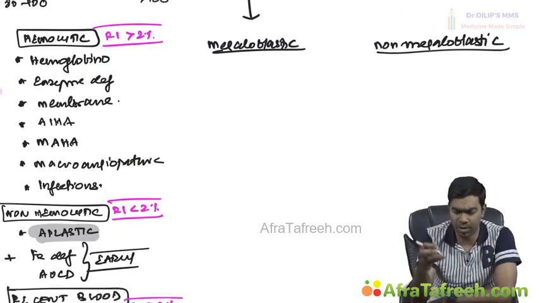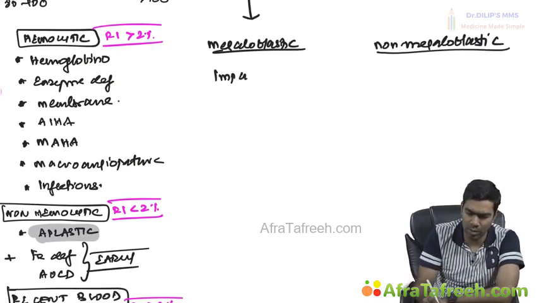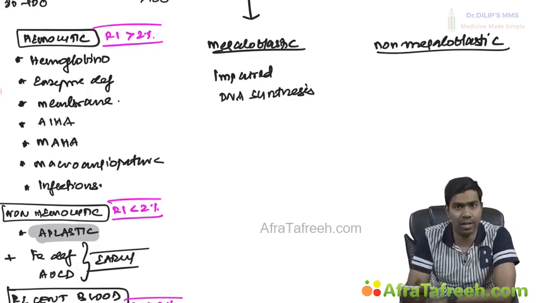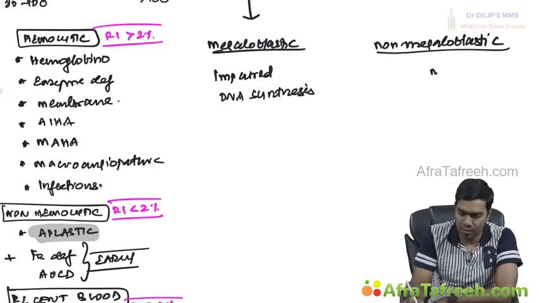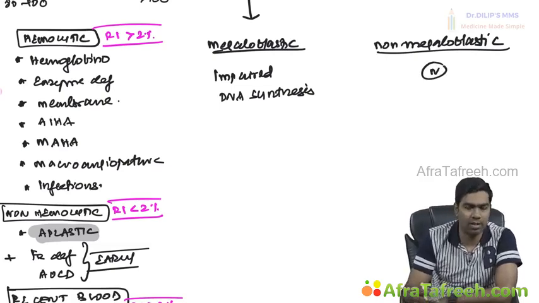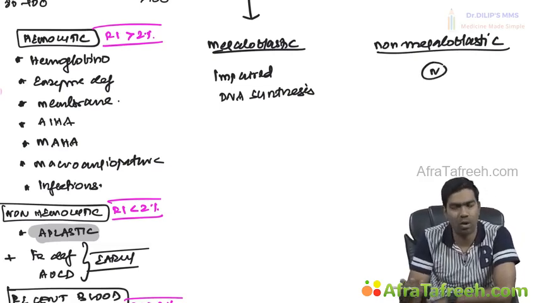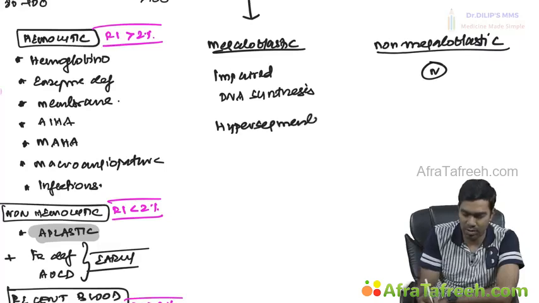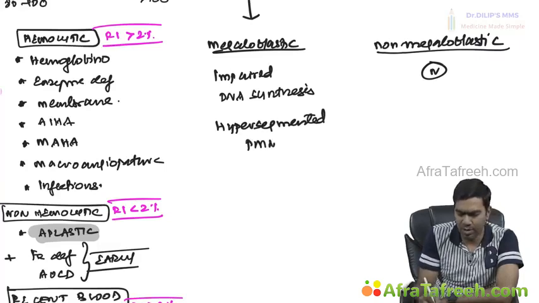The moment you call it a megaloblastic macrocytosis, it is due to impaired DNA synthesis, impaired DNA repair, or impaired DNA maturation. You can say in any way it's impaired. Whereas here, DNA synthesis, DNA maturation and DNA repair all tend to be normal.